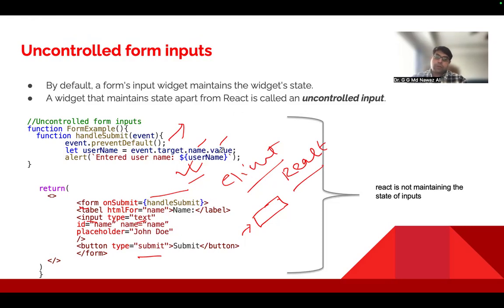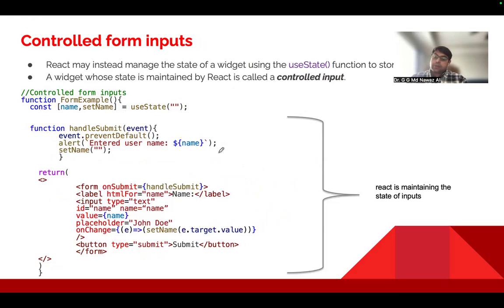Now if you see the controlled input, you will see there is a difference. Let's say that we have the name field. Since we have just one input, it's fine to use one variable here. So the name, and using useState, we initialize it to an empty string. The initial state is set by the React useState hook. We also have a setName function, which is used to change the value of the name field.